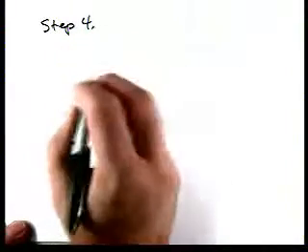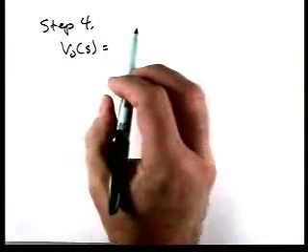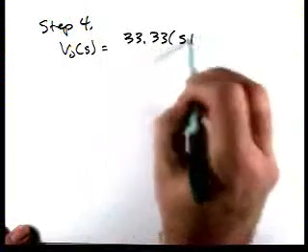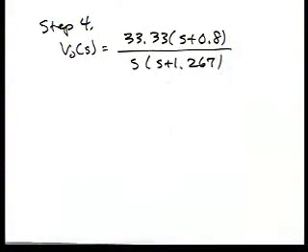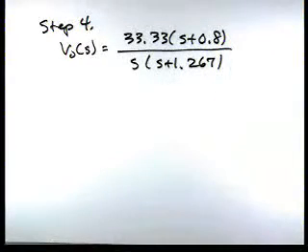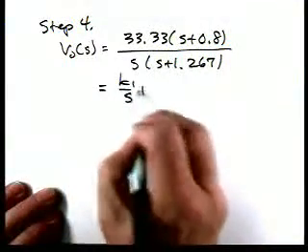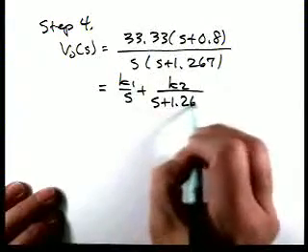Now for step 4, we're going to do the inverse transform. So we have V0 is 33.33 times S plus 0.8 over S times S plus 1.267. And the partial fraction expansion for this is K1 over S plus K2 over S plus 1.267.